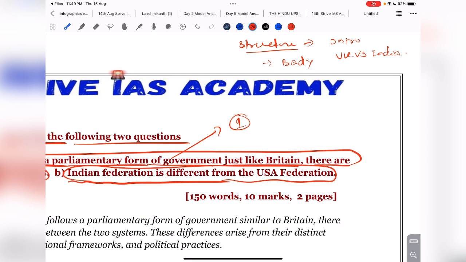Then USA versus India in terms of federation, the federal principle. Then put a conclusion.